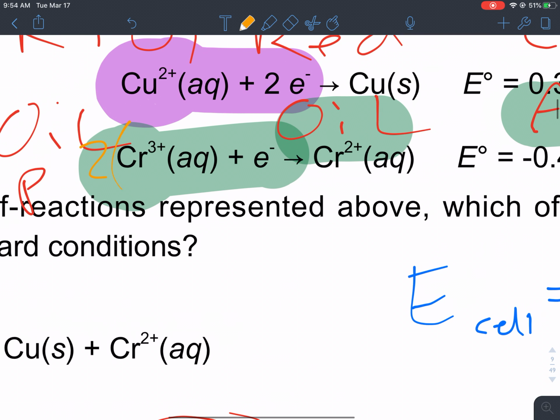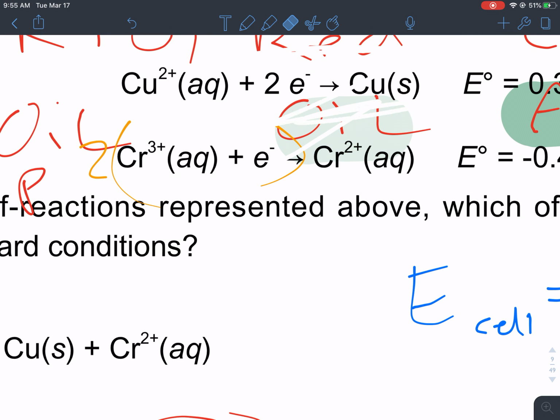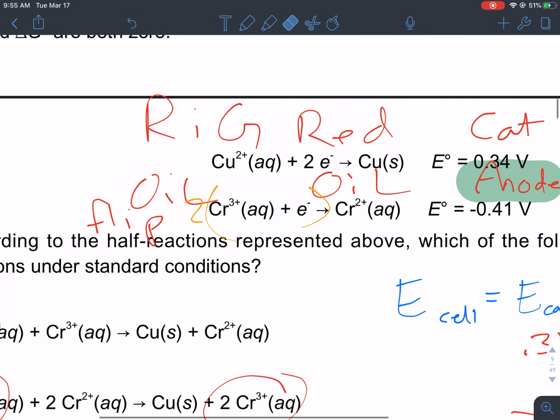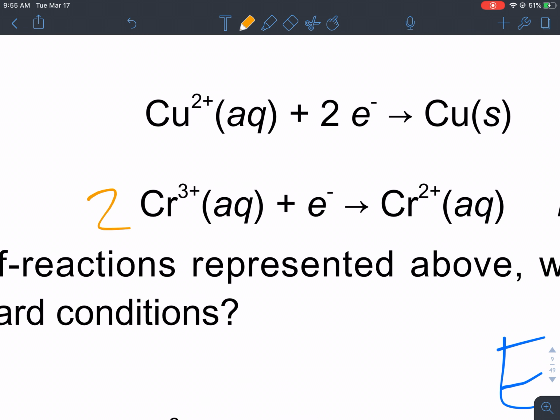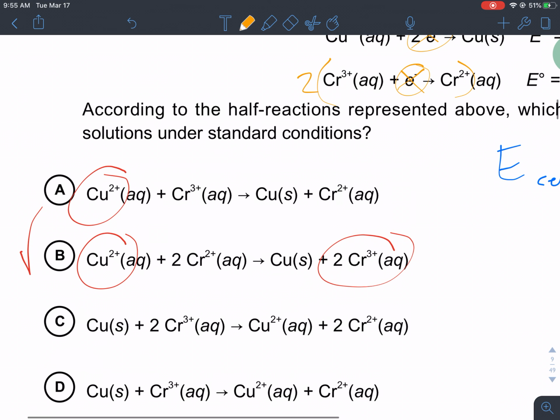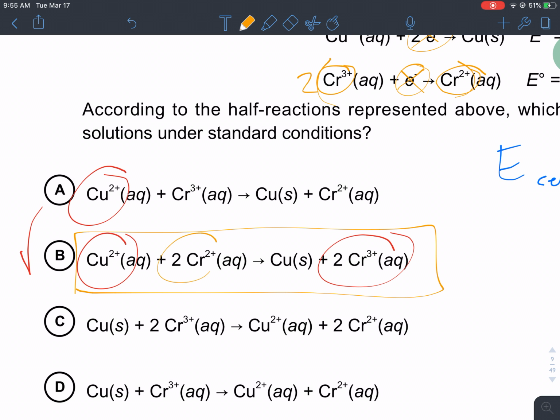Why? Because the electrons won't cancel out. You need the electrons on each side to cancel out, so notice that there are no electrons written left in here because they canceled. So both the Cr3+ and the Cr2+ have to be 2's here. So the correct answer is B.